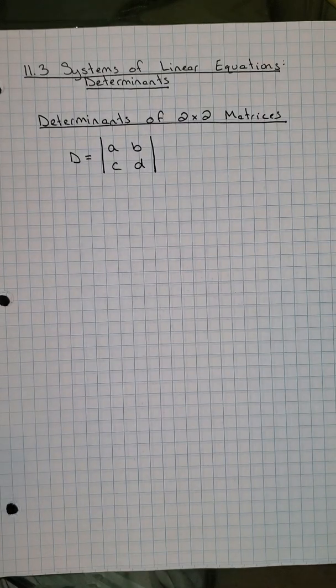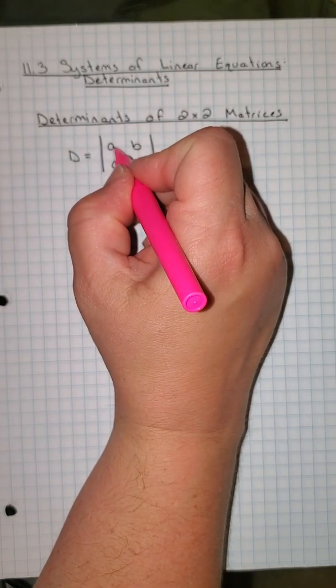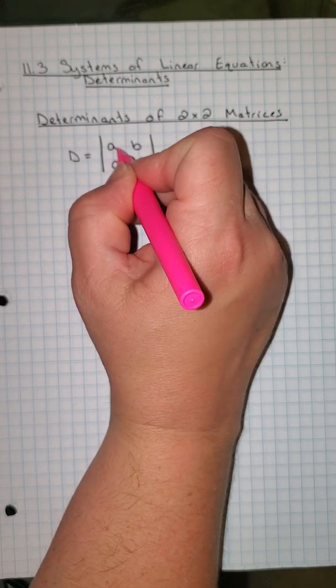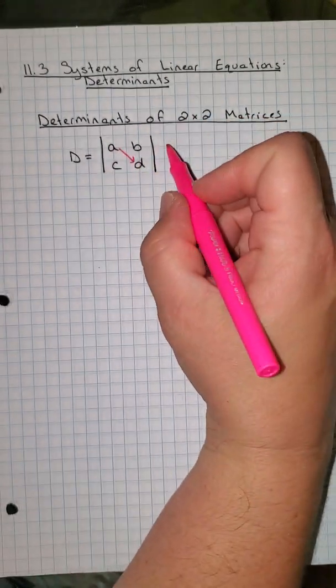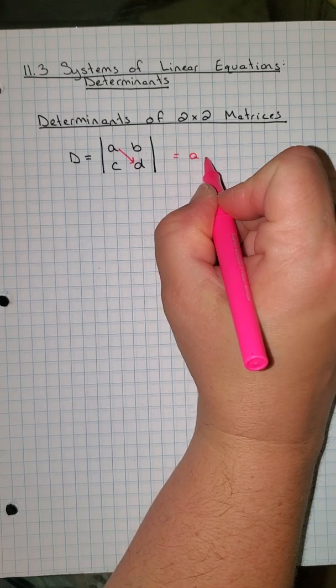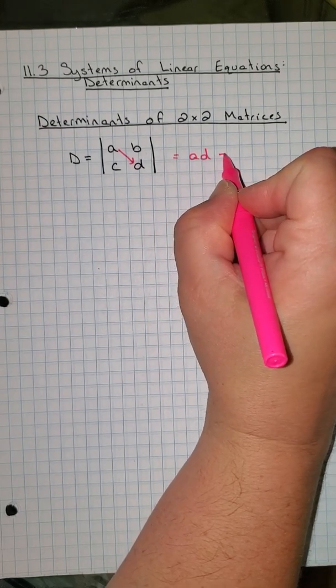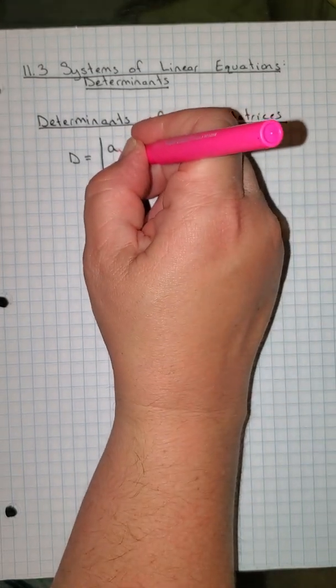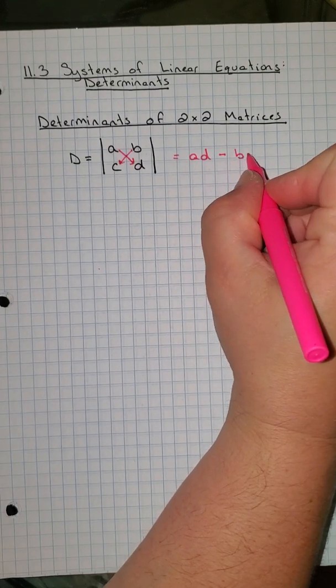What you do when you do the determinant is you crisscross. You multiply this number by this number, so A times D. And then you subtract this way, B times C.